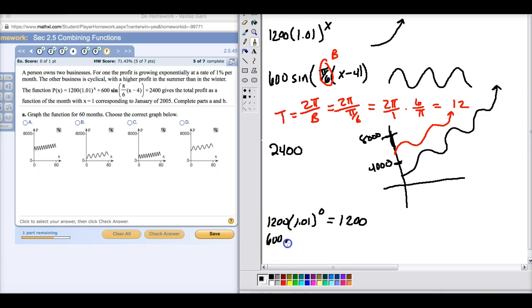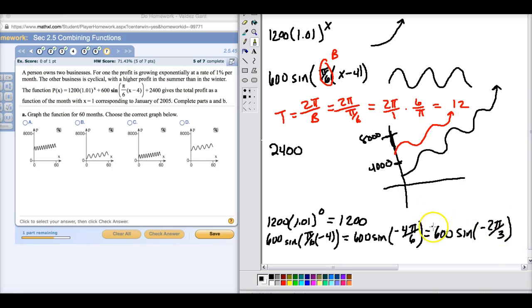We have 600 sine of pi over 6, and then if we plug in 0 for x, that would just be -4 there, which would be 600 sine of negative 4 pi divided by 6, which is the same as 600 sine of negative 2 pi over 3.